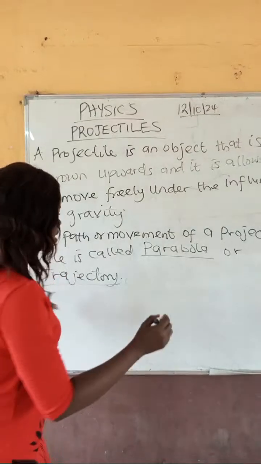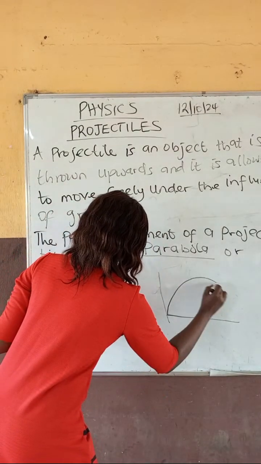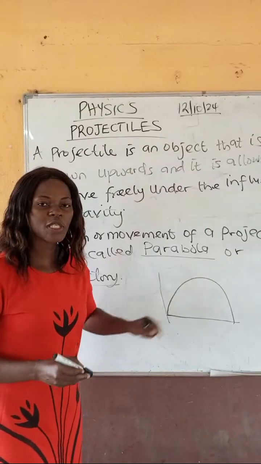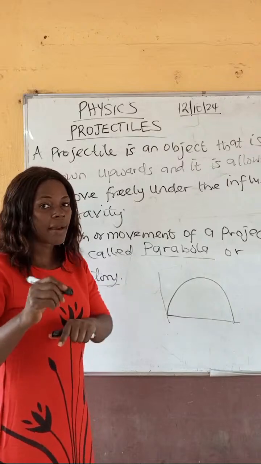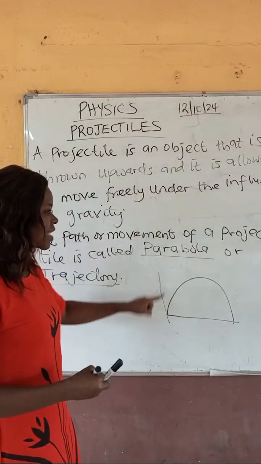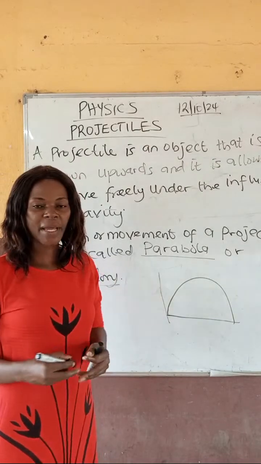Now see the movement. The object moves this way and returns. This path or this movement is what is said to be what? Parabola or trajectory. So this is the path taken by a projectile.